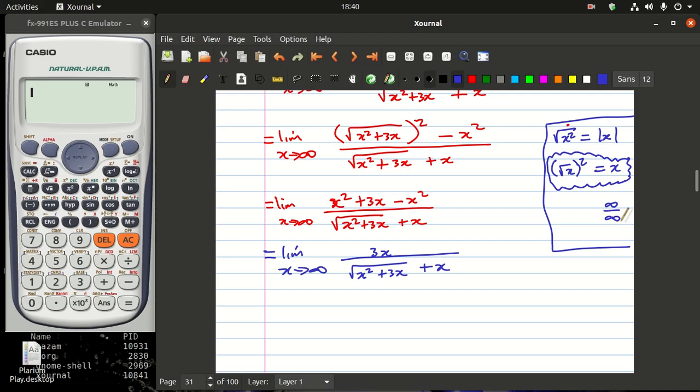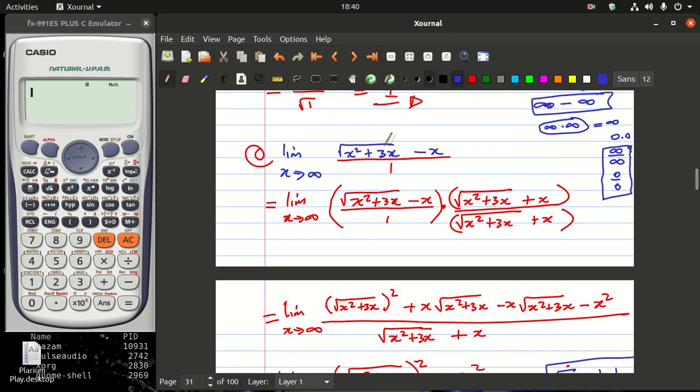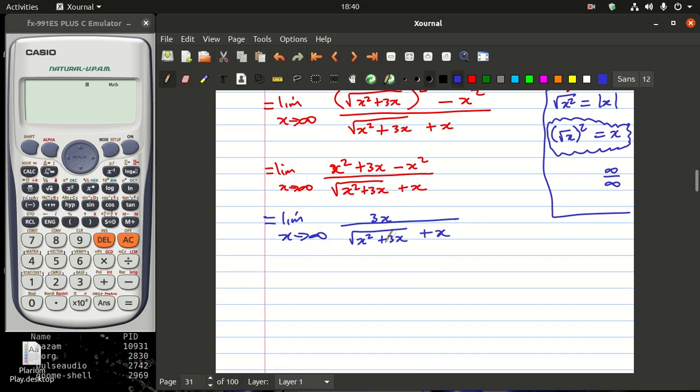We have converted this indeterminate form to another indeterminate form. But now the good news is this: because we have infinity over infinity, we can directly use L'Hopital's rule.